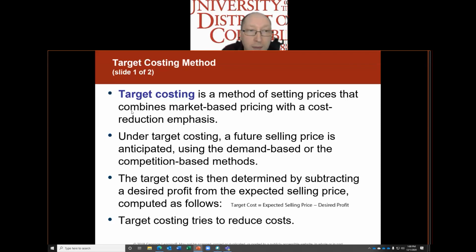Target costing. This is a method where we look at market-based pricing and cost reduction emphasis. By using target costing, we anticipate what will happen with demand or competition in markets to figure out our target cost. We take our expected selling price minus our desired profit, which gets us to our target cost.